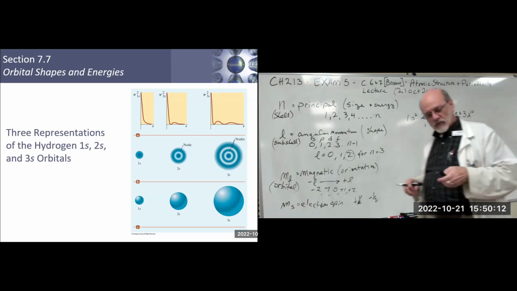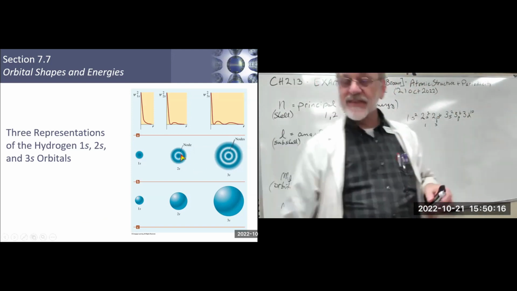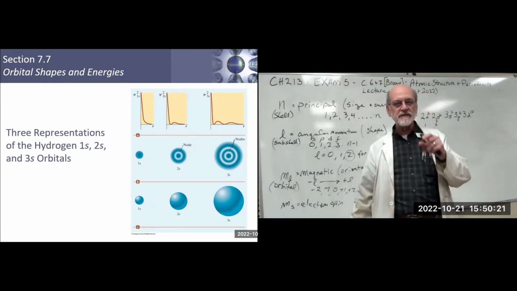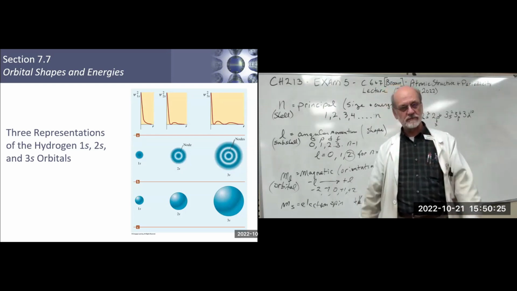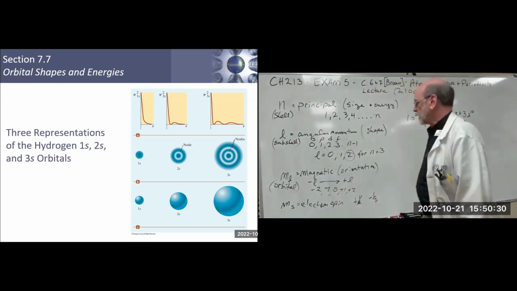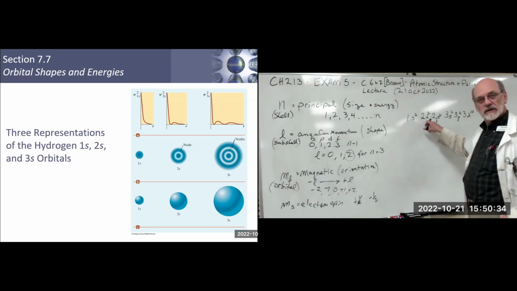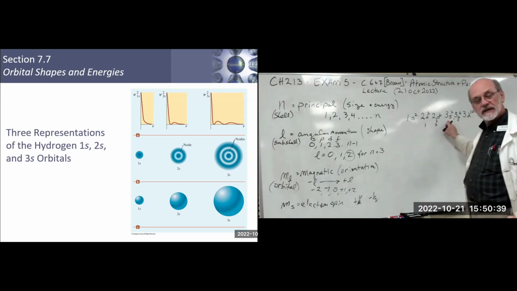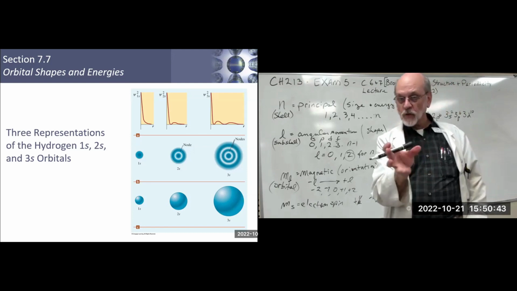And notice that white region in there, right there. That says that the equations predict that there is no probability of finding an electron in that region. And that's a three-dimensional region. That's called a node. So, if the principal quantum number is 2, then you're going to have one node. If the principal quantum number is 3, then you're going to have 2 nodes for the s orbitals.